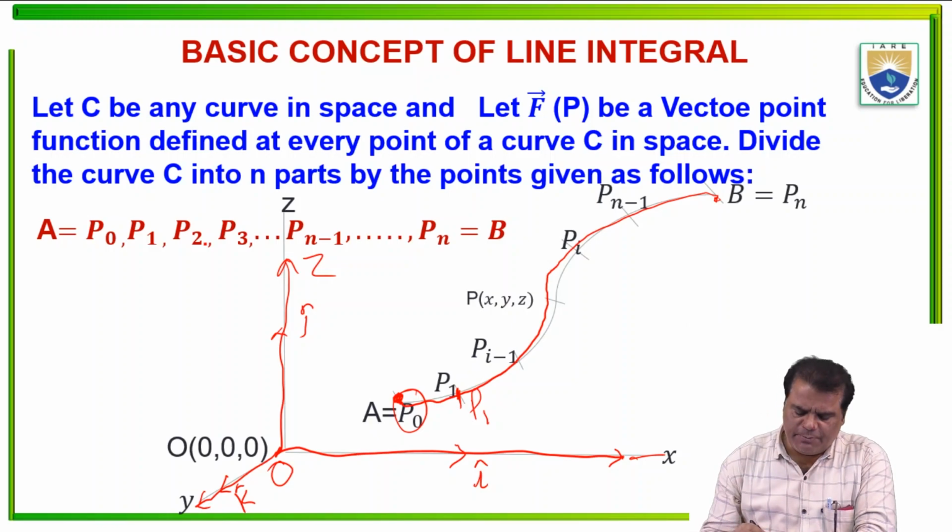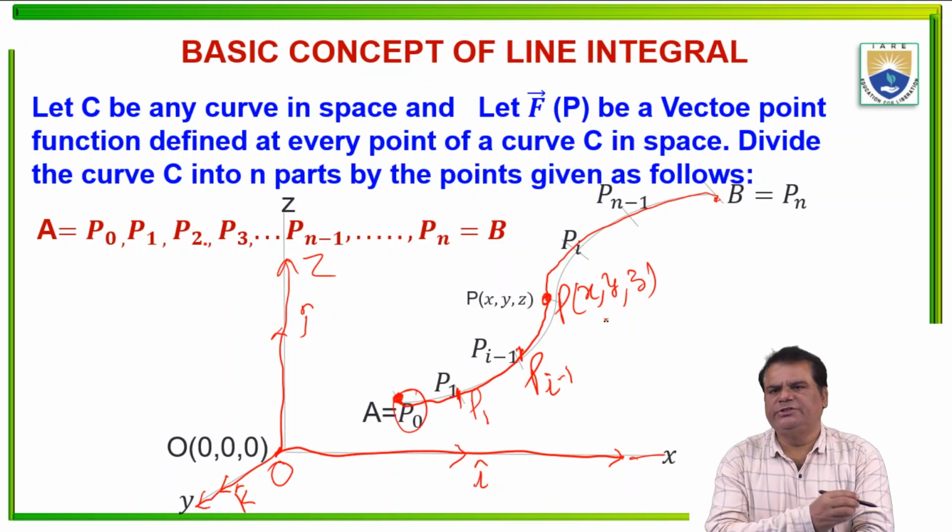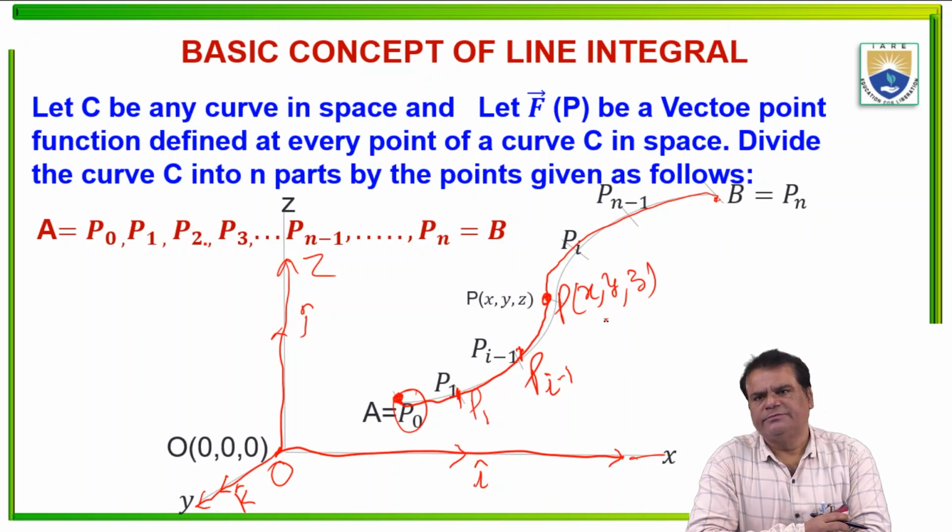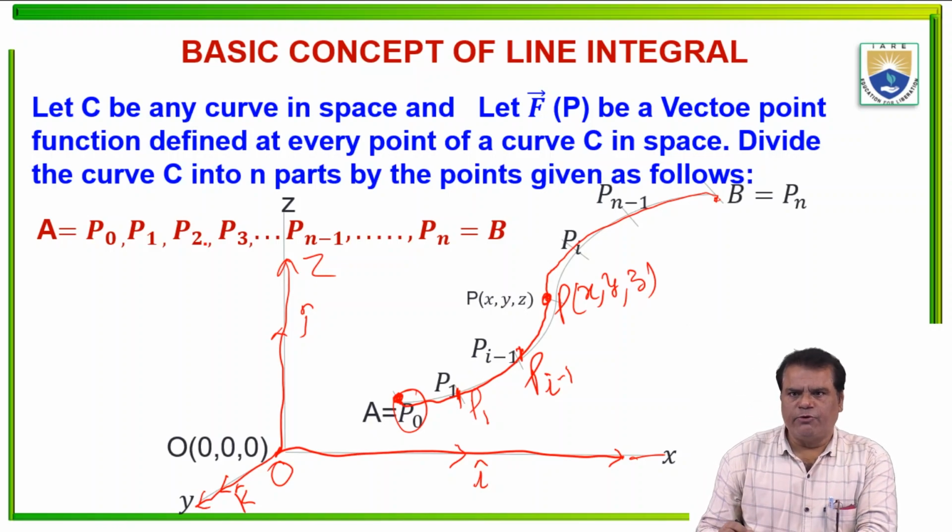So there are several points. This is the point Pi minus 1, and this is a general point P(X, Y, Z). This is a general coordinate, a variable coordinate.